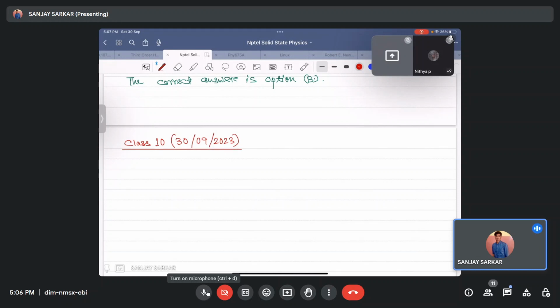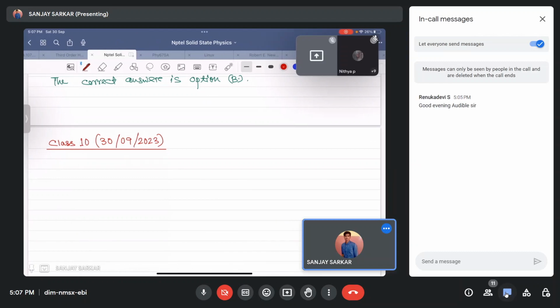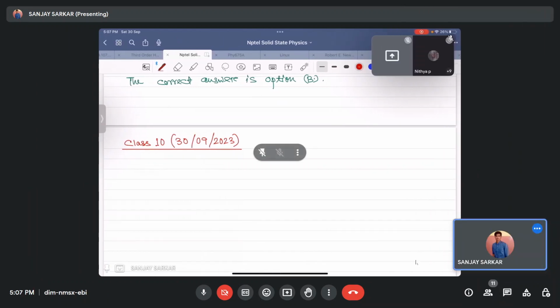So today we will solve few problems from semiconductor, as I guess Renuka Devi was pointing out in the last class that we need to solve few problems on the semiconductor. I think everyone knows what is semiconductor and p-type semiconductor, n-type semiconductor, so I'm not going into the details of the theory.